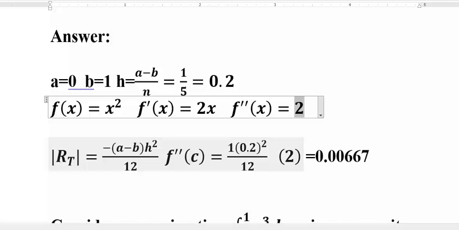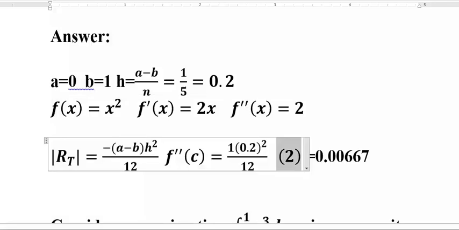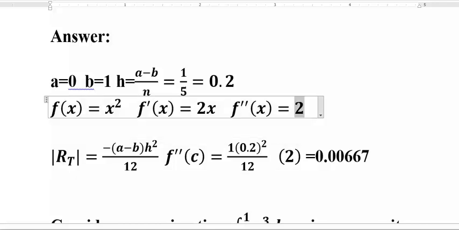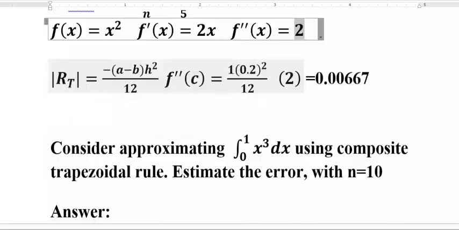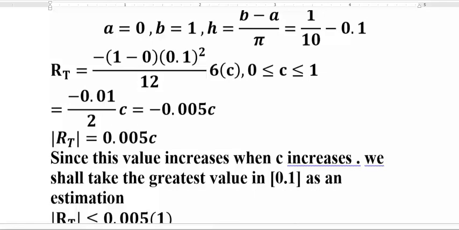It's a constant, so we write it as it is. We substitute x by the value of c, and it doesn't change since the function f double dash of x is constant. You have a good question.